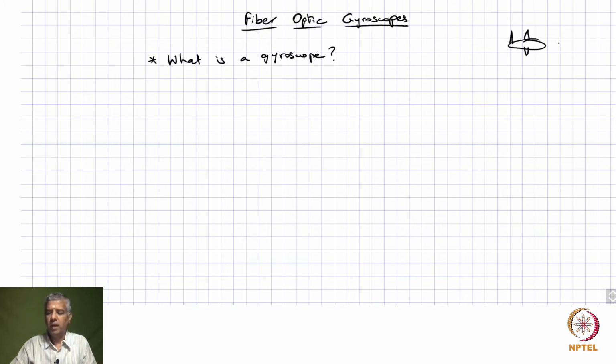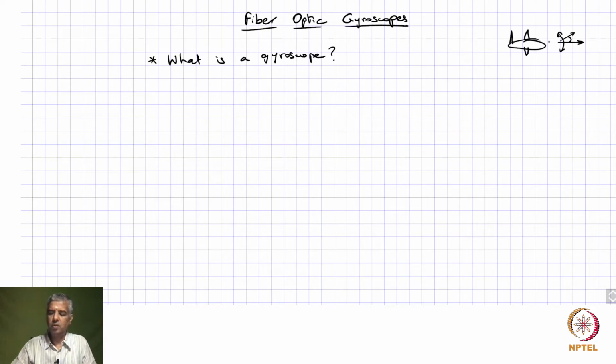So you're looking at going in a particular direction, and you need to know what is the azimuthal direction, and also what is the angular direction. This is what we call elevation, right?